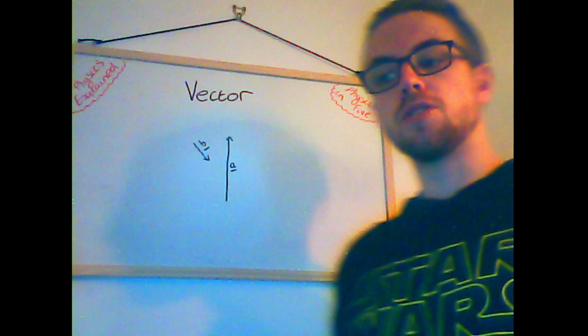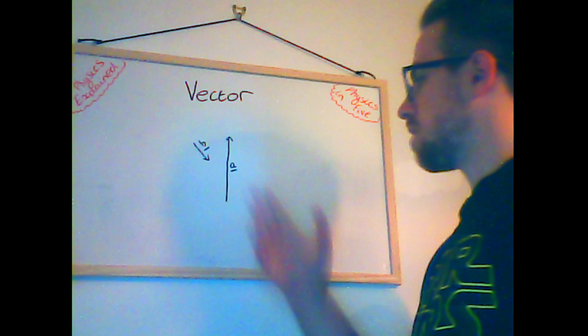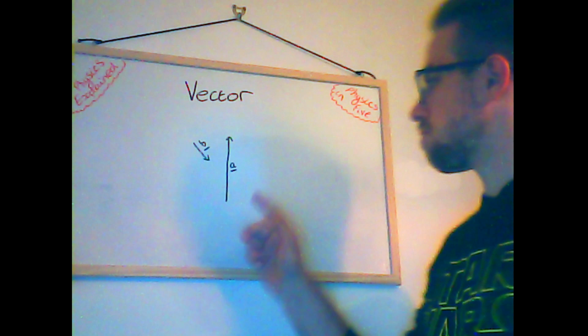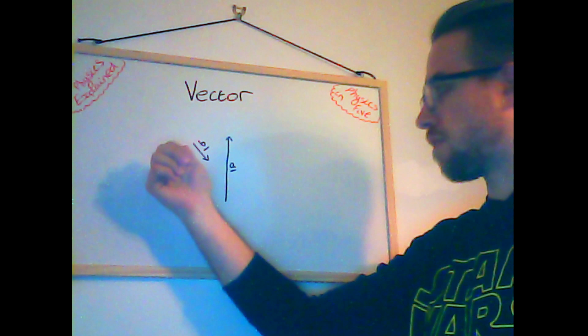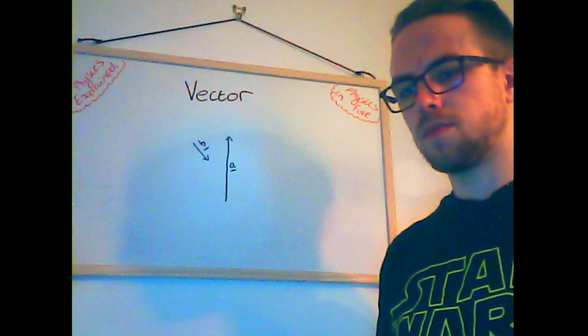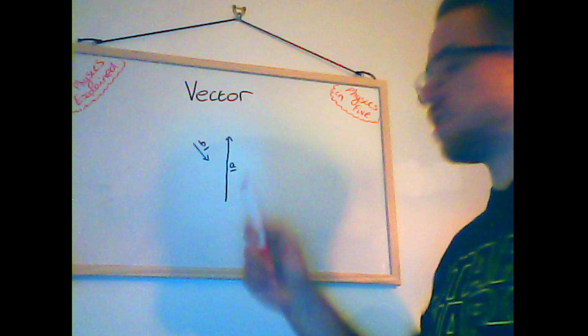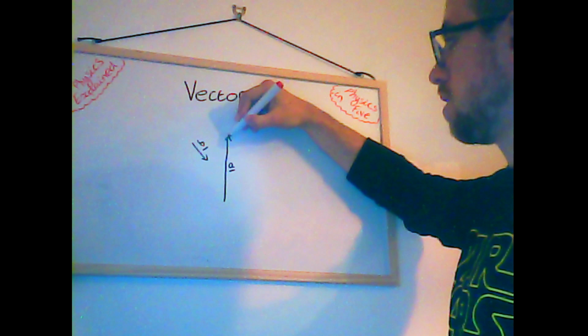So let me give you another example. This time it will be to do with subtracting vectors. Let's say we have a plane travelling straight up the board with vector A, and we also have a sort of crosswind coming in as vector B. Now we can rearrange these vectors because they operate in the same plane, so that B actually points here.